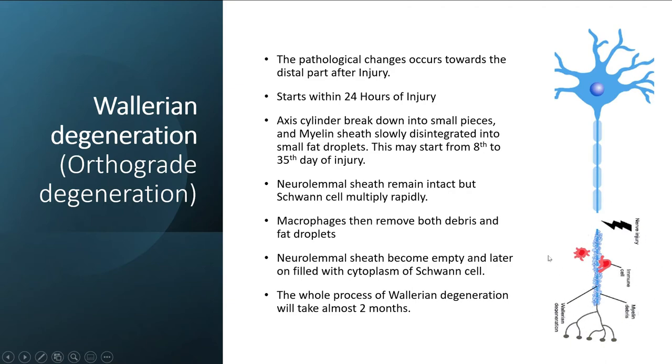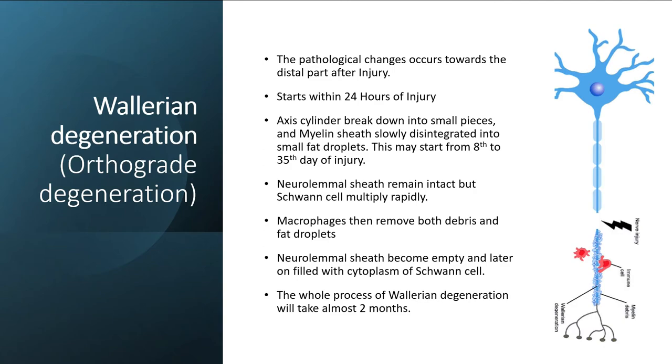So the axonal tail end will break down into small pieces, and the myelin present there as well. Initially this fiber is normal, but after the injury, these pathological changes cause the breakdown of this cylinder-like axonal structure, and the myelin sheath slowly disintegrates into small fat-like droplets. This may start from the 8th to 35th day of injury.